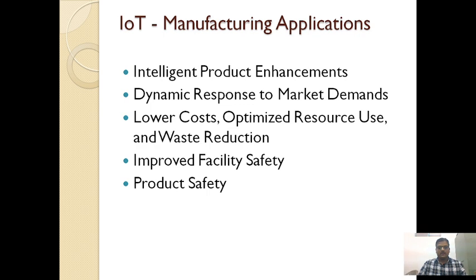Okay, there is also improved facility safety. A typical facility suffers from a number of human and safety hazards due to risks posed by processes, equipment and product handling. IoT adds better control and visibility.